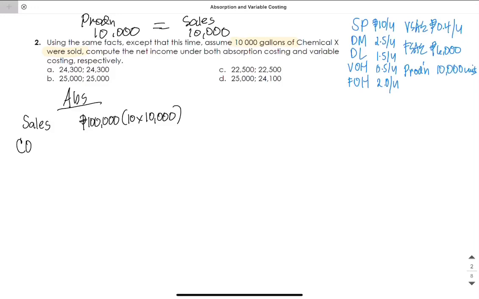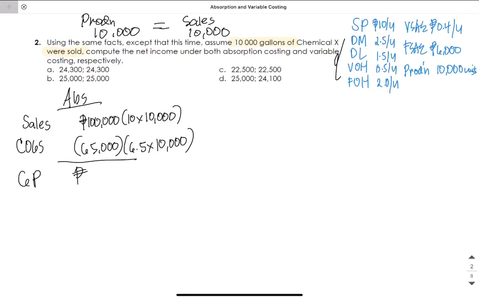Next, you have cost of goods sold. The components are these 4: 2.5 plus 1.5 plus 5 plus 2. We have already computed for this one. So 6.5 times the number of units sold, which is 10,000. So we have 65,000. Our gross profit is 35,000 pesos.